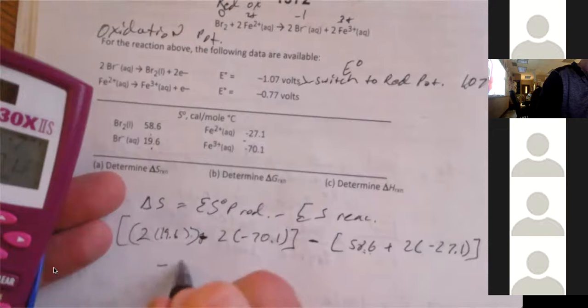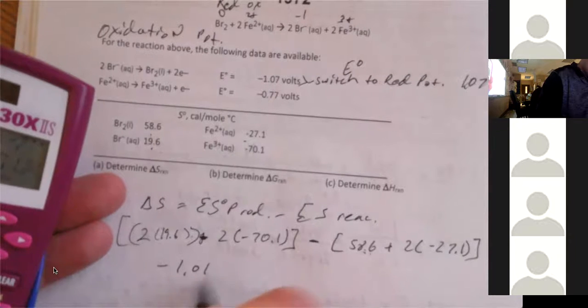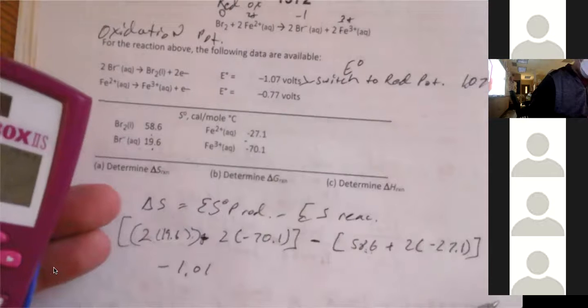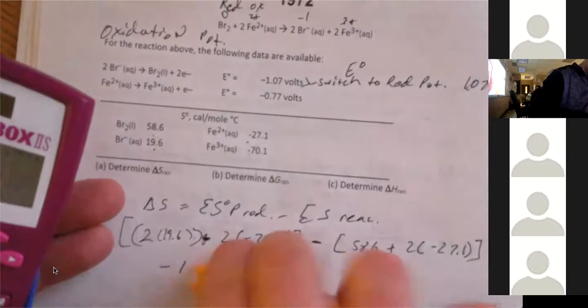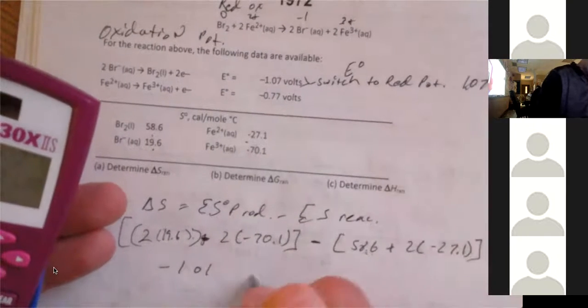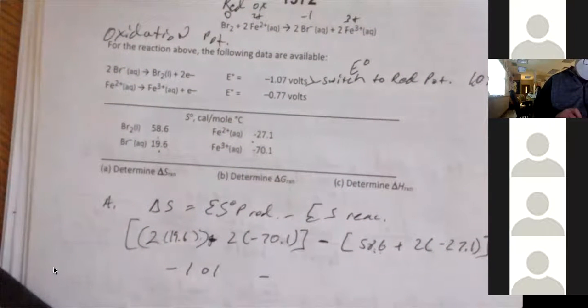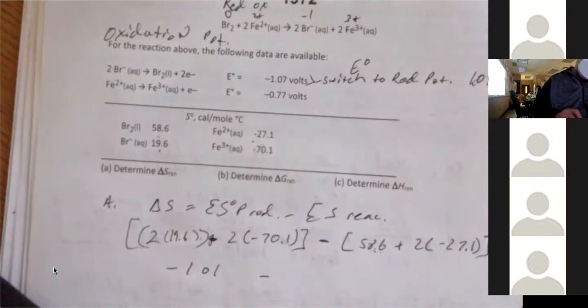I got negative 1.01 times 10 to the second, or negative 101. Gonna subtract from that 58.6 plus 2 times negative 27.1.